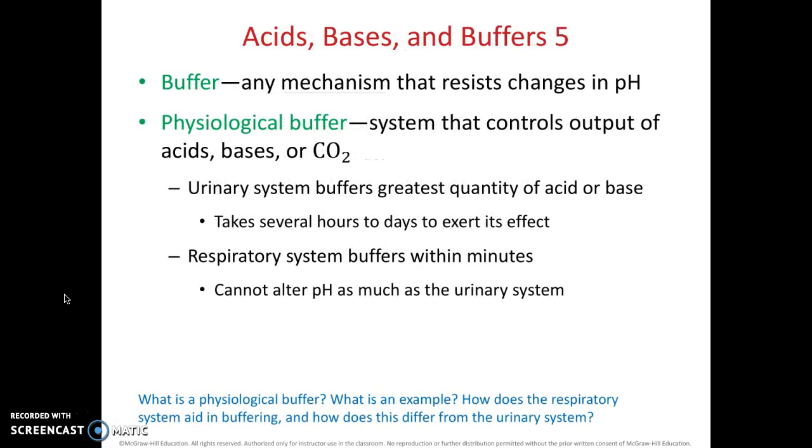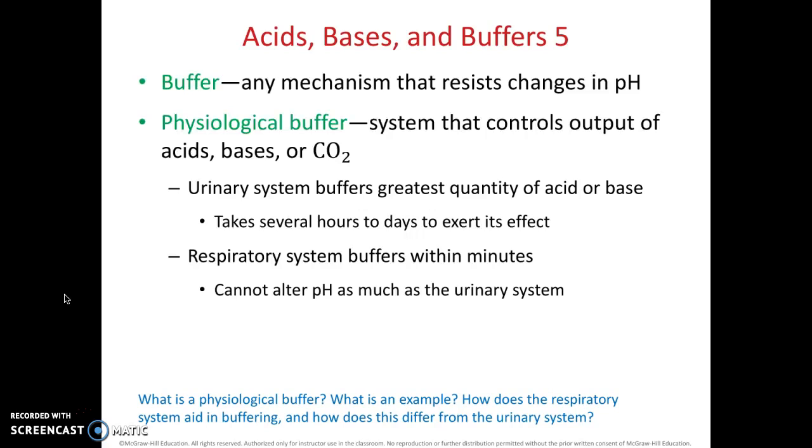So a buffer is any mechanism that resists changes in pH. There can be physiological buffers, which are systems that control output of acids, bases, or carbon dioxide. Of the physiological buffers, some of the greatest ones are the urinary system, which buffers the greatest quantity of acid or base, and this takes several hours to days to exert its effects.